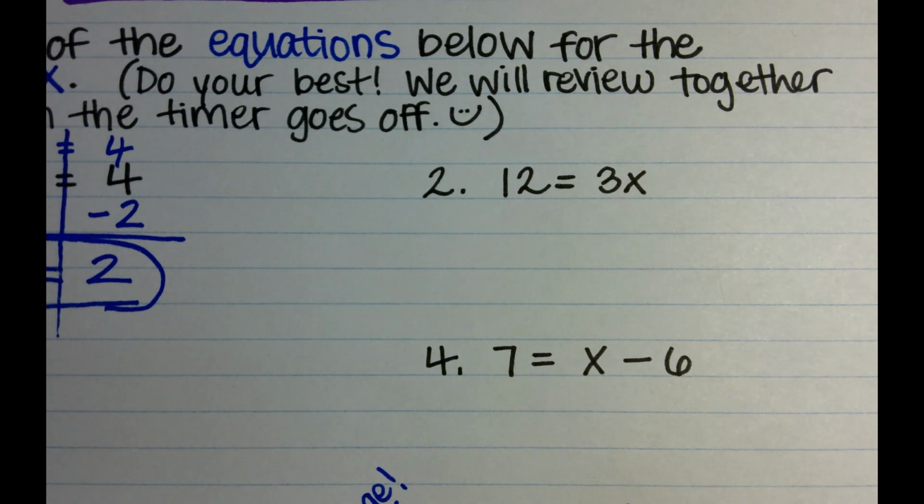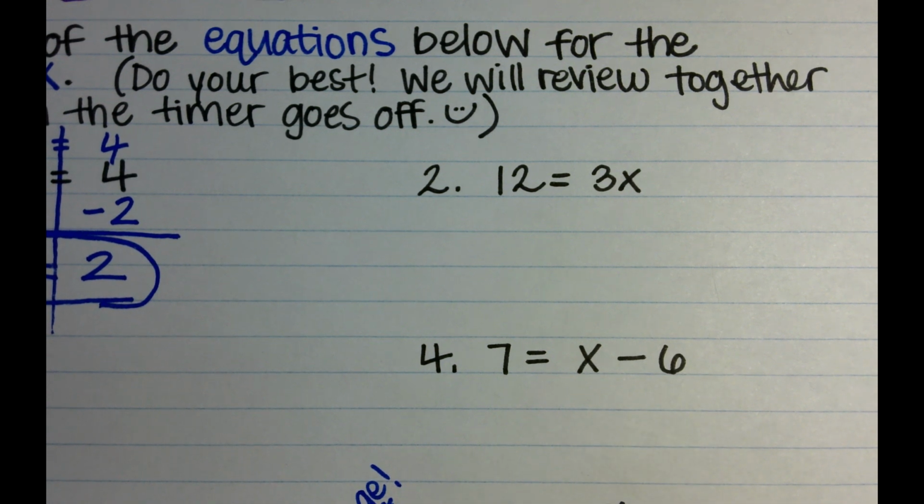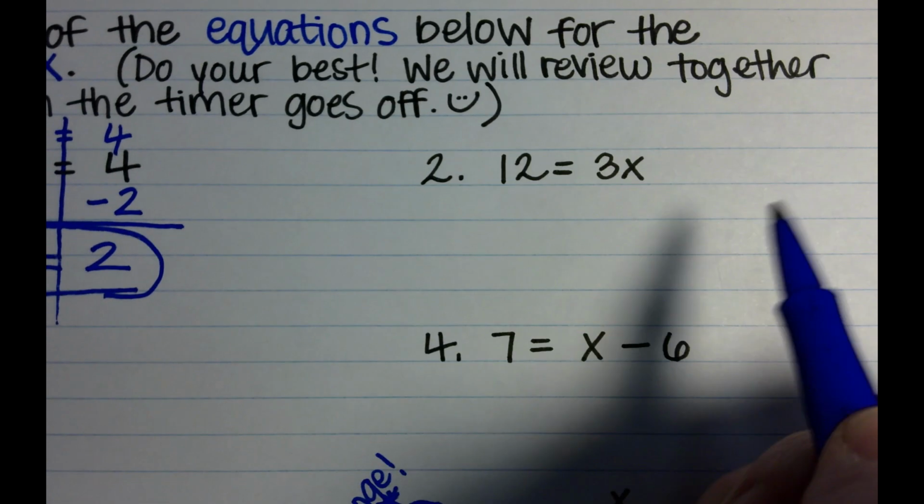So let's talk about operations. In math, we have operations, which is just a fancy word for the things you can do to numbers: adding, subtracting, multiplying, dividing. So something we'll talk about more in depth later on is what we call inverse operations. We'll take notes on it later, so don't worry about holding these words in your head yet.